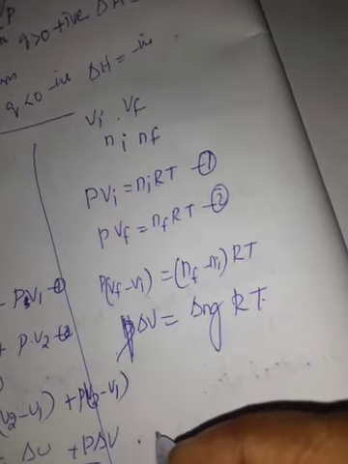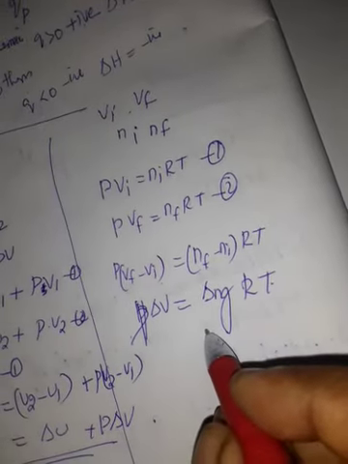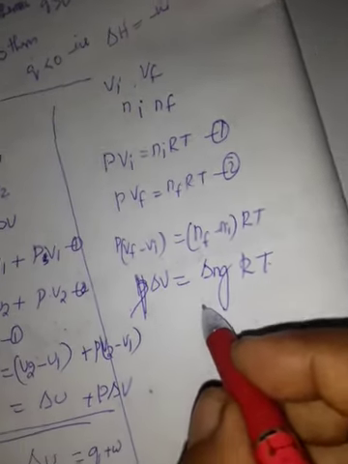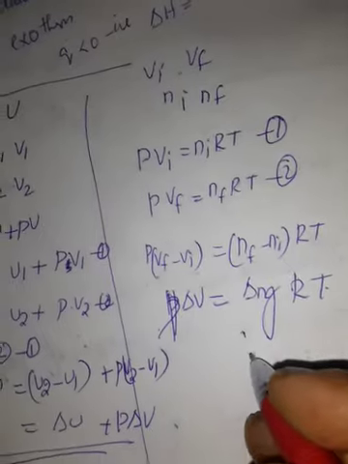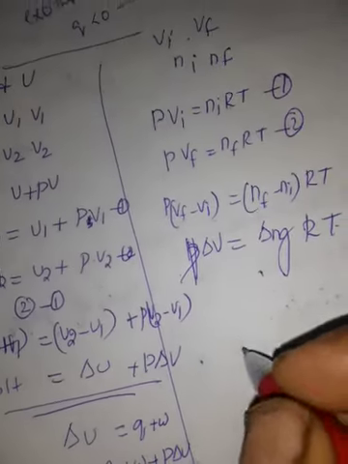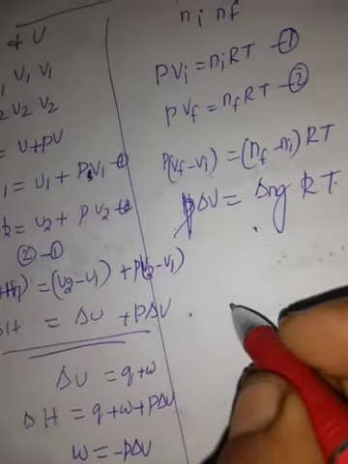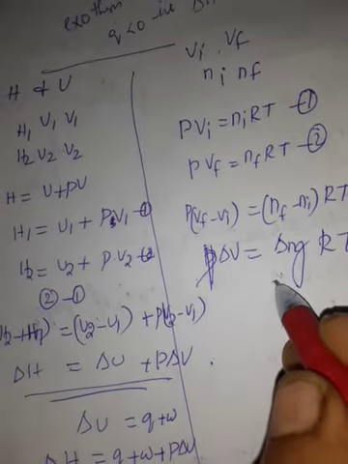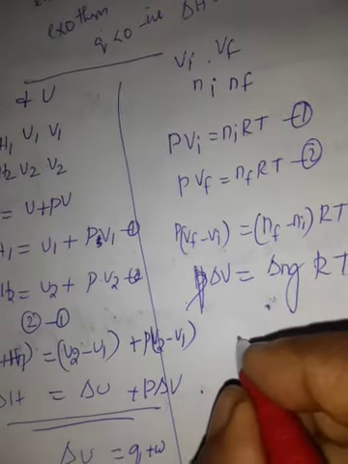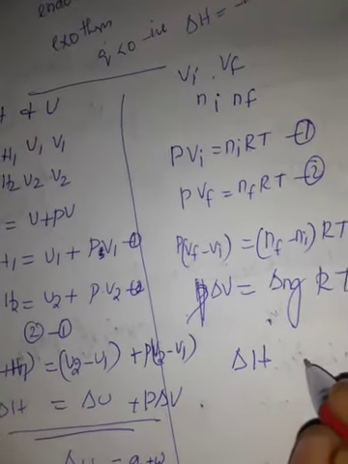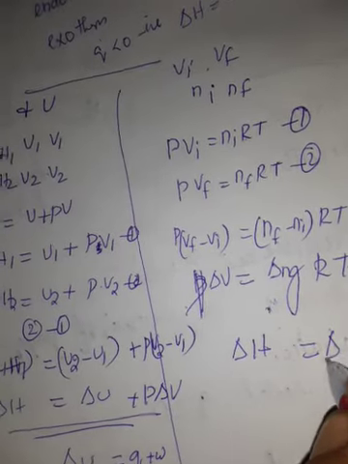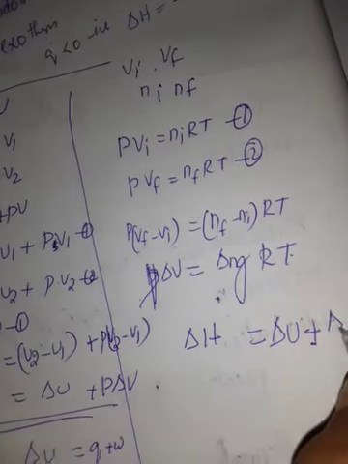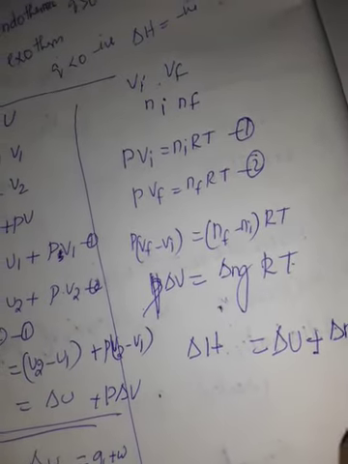So substituting this P del V as del ng RT in the equation, we are getting for enthalpy del H is equal to del U plus delta ng RT.